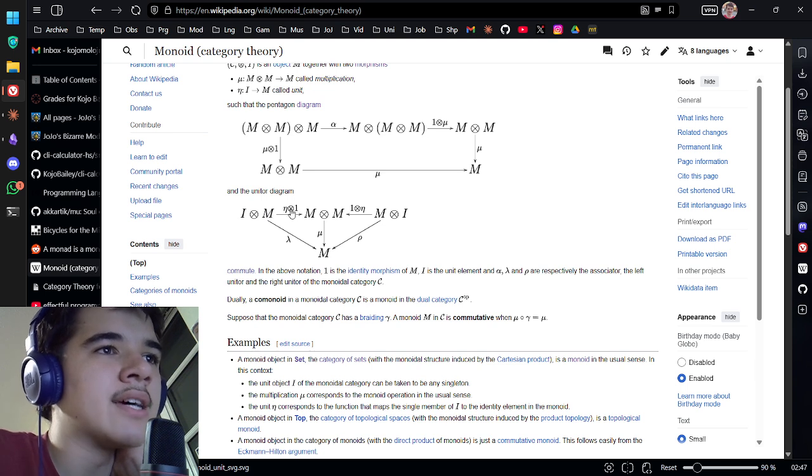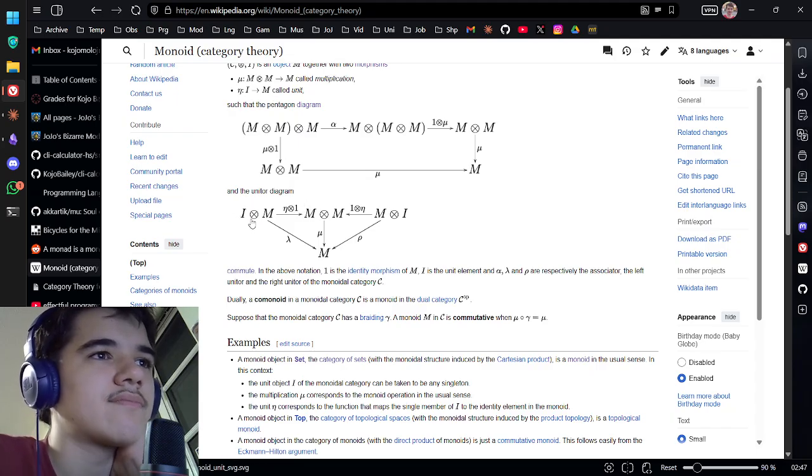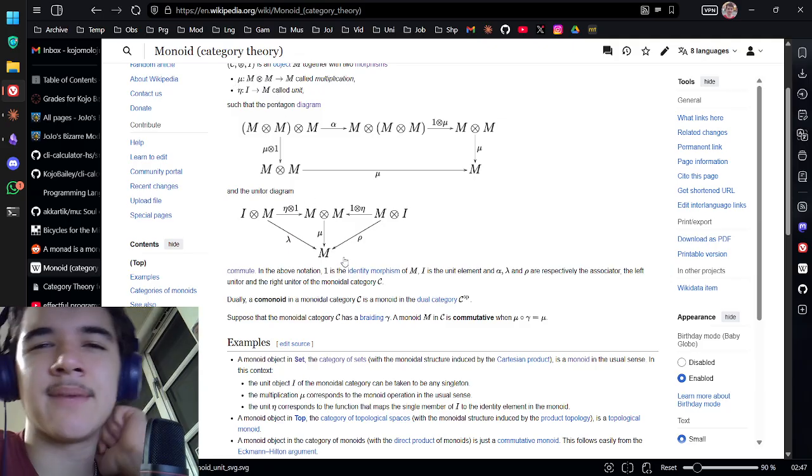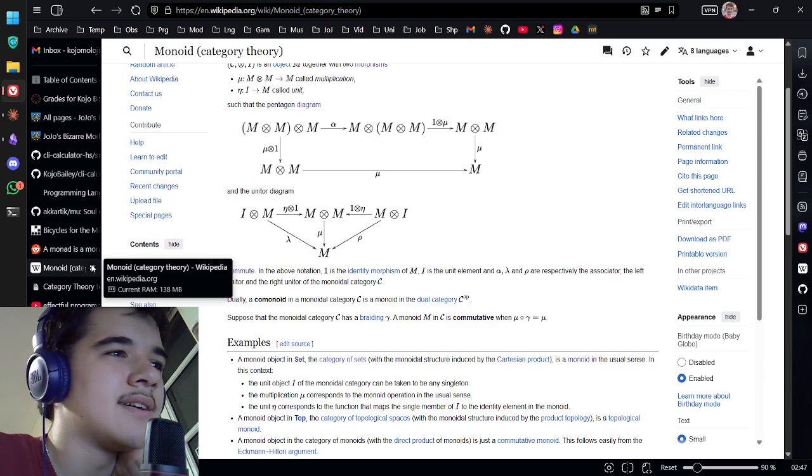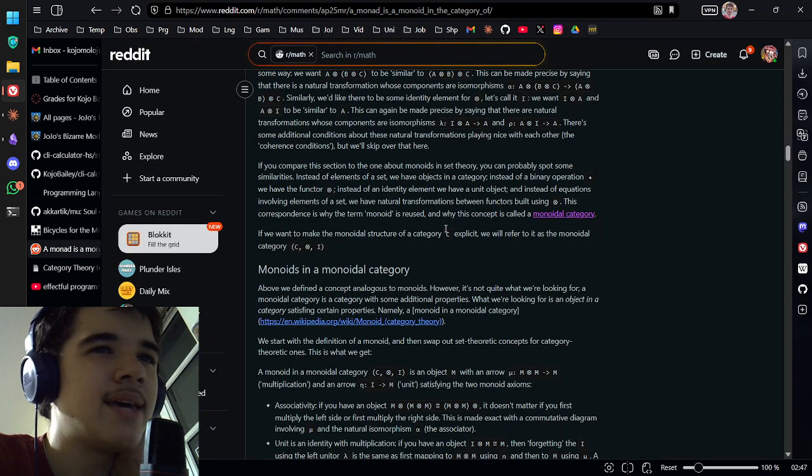And you have eta cross 1 and 1 cross eta, both giving m cross m. What's eta do again? Eta is the unit, which maps I to m. So I guess it makes sense because I becomes m here. And then you have mu, which I guess consolidates it, kind of flattens it, in a way.